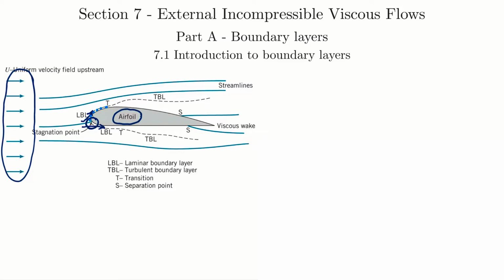And then again, similar to pipes, we're going to have those frictional effects grow larger and larger into the flow as we get greater and greater shear. LBL means laminar boundary layer. We also see that labeled down here, laminar boundary layer. For starters, we note that this figure is drawn much larger than it actually is, just for visualization effects. So don't think at all that that's how thick the actual boundary layer is. It's much, much thinner than that.